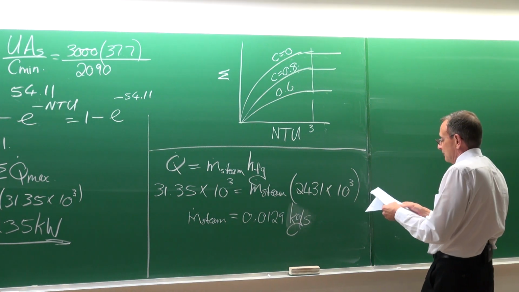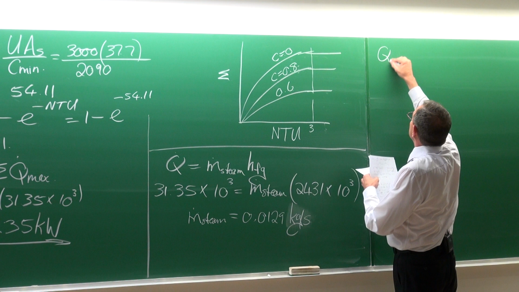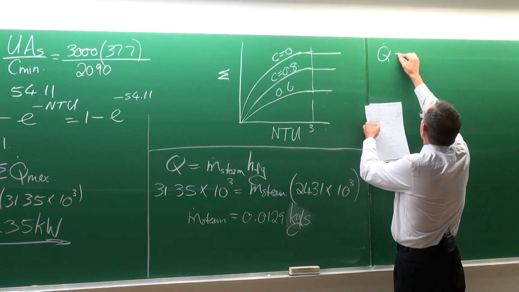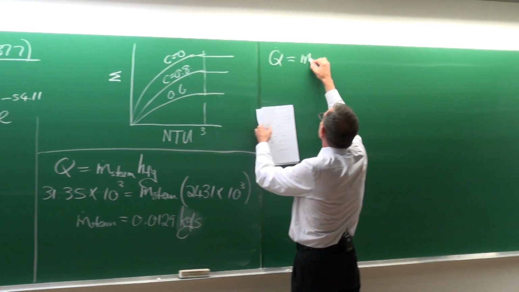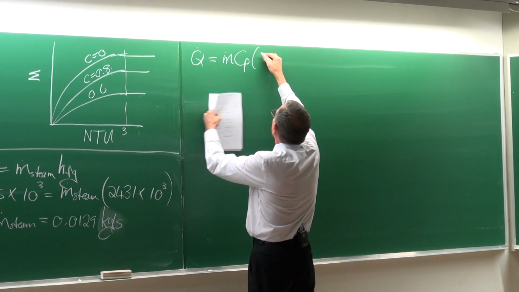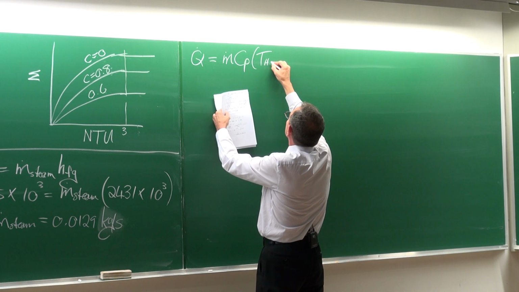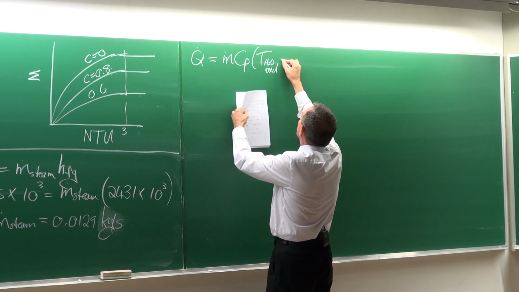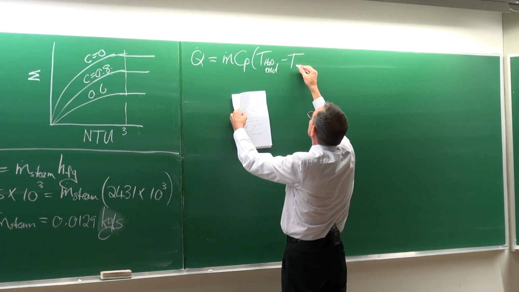But there's the value. And then lastly, let's go and check the outlet temperature of the water. The heat transfer rate of the water would be m dot Cp, and then it would be the water outlet temperature minus the water inlet temperature.